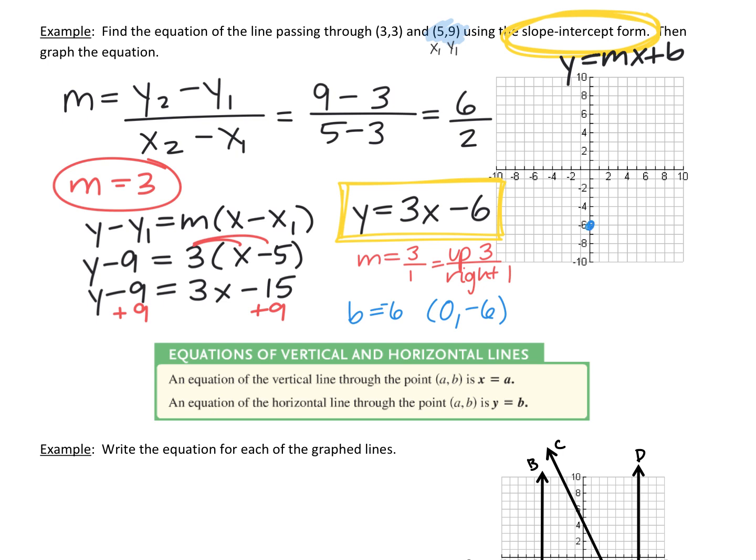Some of us are putting our starting point on the x-axis. No, your y-intercept goes on the y-axis, that's vertical. So it goes up 3, right 1. It's called the y-intercept because it starts on the y-axis. Okay, then you can connect it and it makes a positive line. Hope I didn't mess it up.